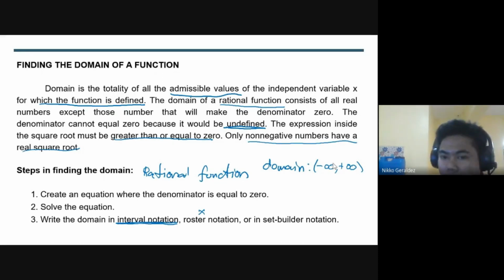Kung included si 0.01, so 0.001 kasali din siya. 0.0001, 0.00001, kasali siya kasi real numbers 'yon. So kung roster notation yung gagamitin mo, tapos na yung calculus 1, hindi ka pa tapos magsulat ng elements ng sets mo. So kaya gamitin natin si interval notation.